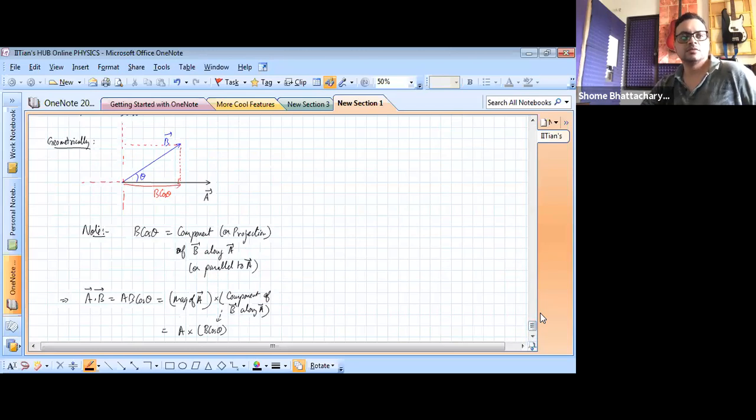Okay, Pratnesh. If we hadn't taken the cos theta, it would just be the magnitude of A into the magnitude of B. But we don't want that. In the dot product, the interpretation that we want is that we are multiplying the magnitude of the first vector with the component of the second, the component of the second vector along the first one. That is why we take cos theta.